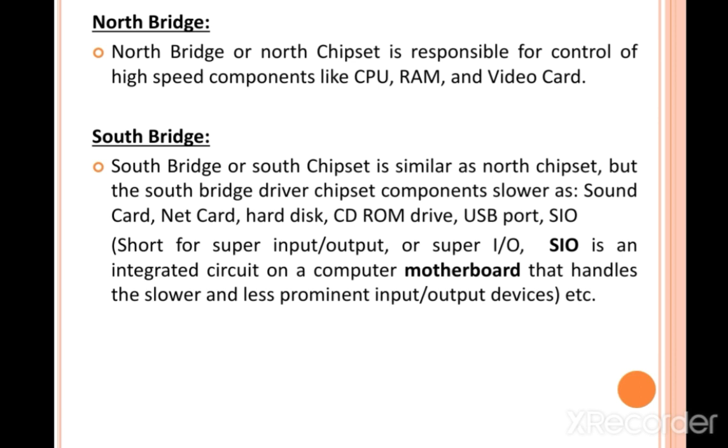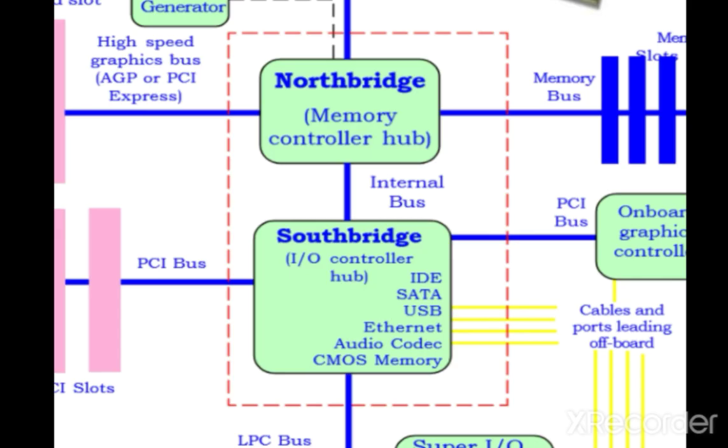It is an integrated circuit on a computer motherboard that handles the slower and less prominent input-output devices. See here, south bridge will handle IDE, SATA, USB. All these things are handled by the south bridge.